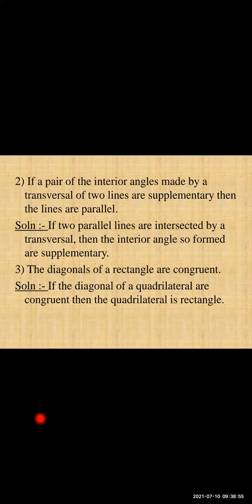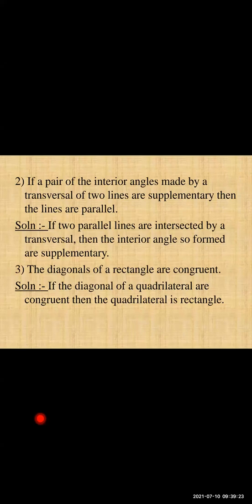So here the converse is: if two parallel lines are intersected by a transversal, then the interior angles so formed are supplementary. We know that the interior angles on one side of the transversal are supplementary, which means they form an angle of 180 degrees.